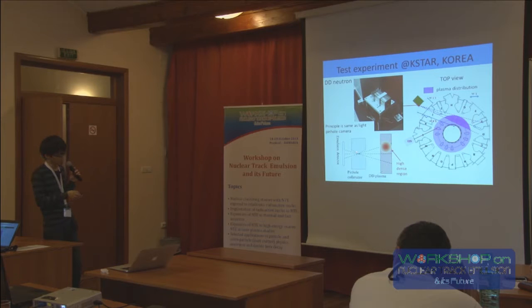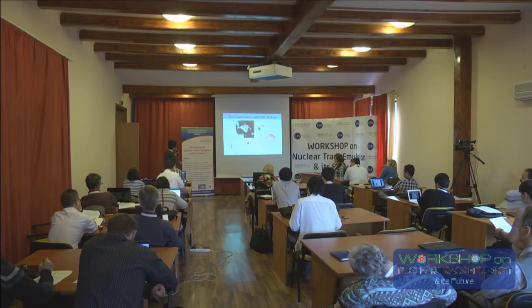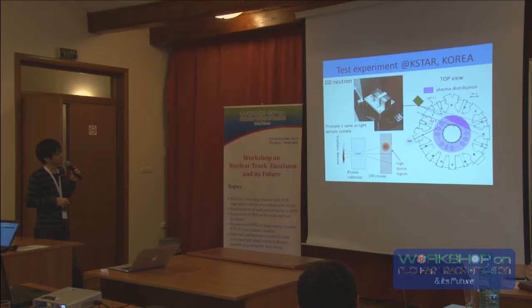So we will detect the neutron position distribution like this. By analyzing this distribution, we know where the neutrons come from.